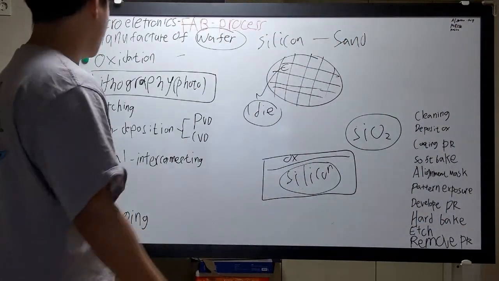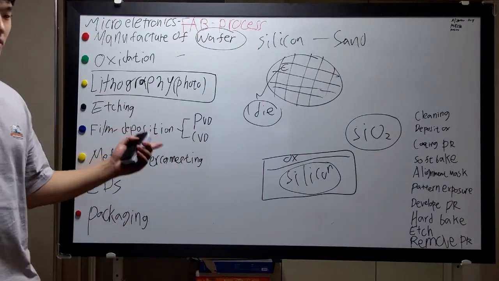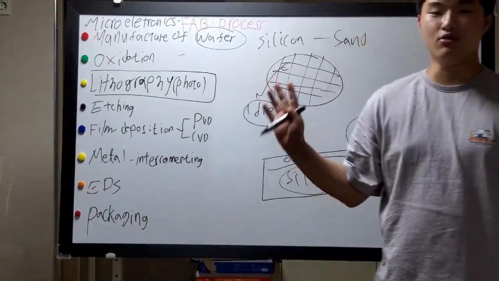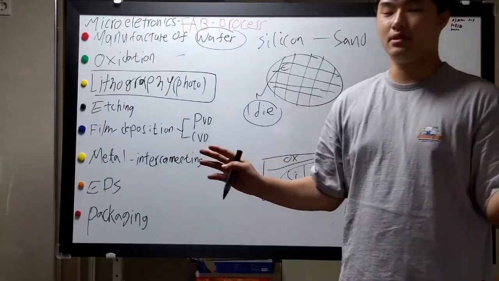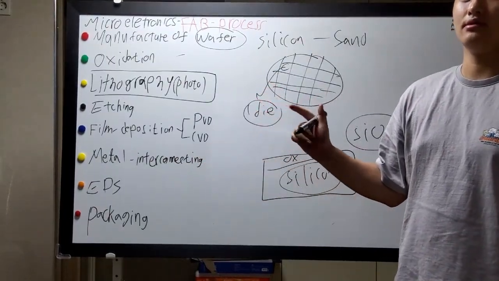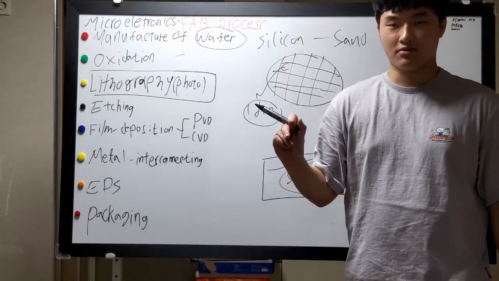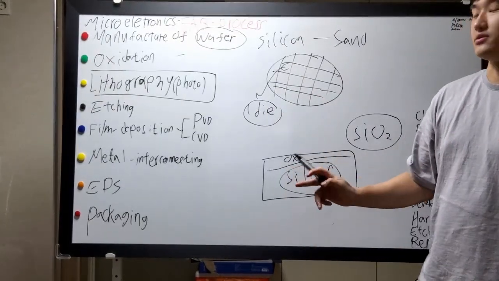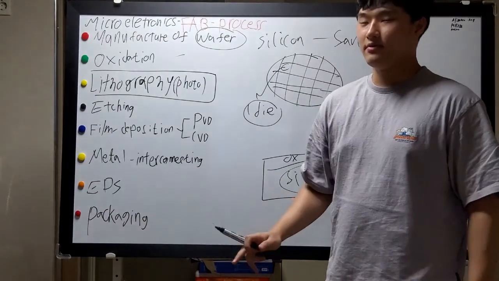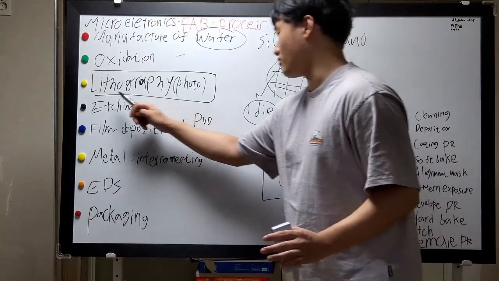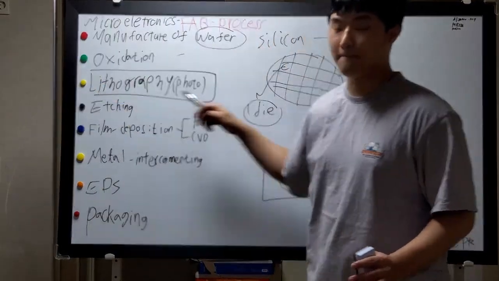Anyway, and third, lithography or photography. Of course, there are many ways to fabricate the basic patterns of the microelectronics or wafers, but in this class and for this video, you will focus on the lithography or photography here.